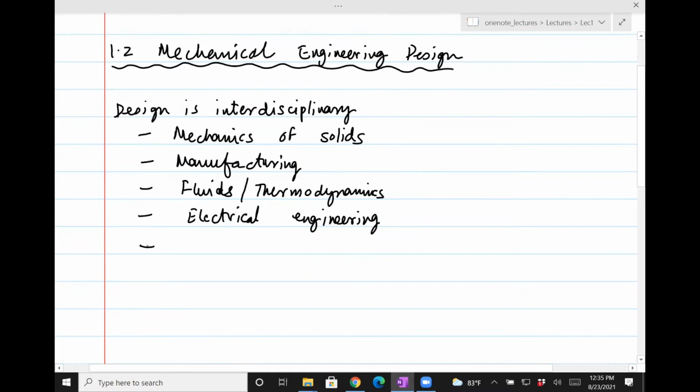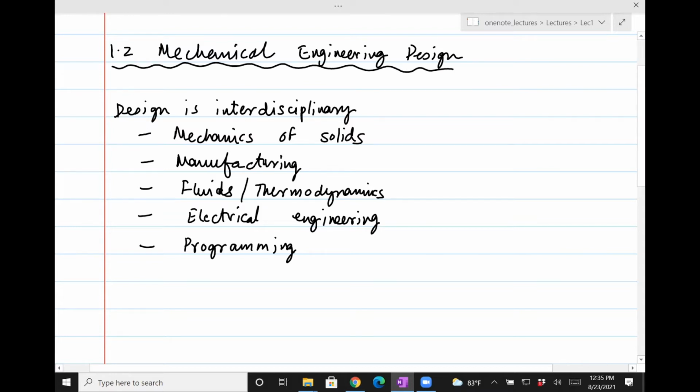And so you can't really disassociate with that. And then modern day design cannot stand by itself because you need a computer, and that computer needs to be programmed and told commands on what to do. So it really encompasses pretty much everything you'll be doing here. All those things are important.